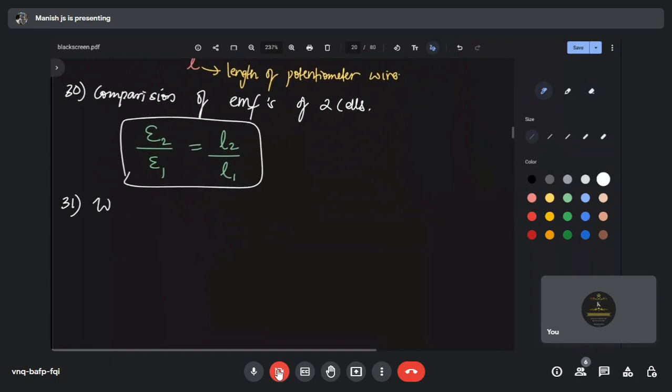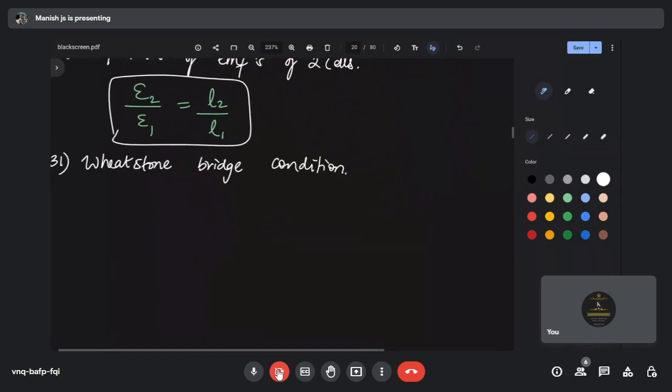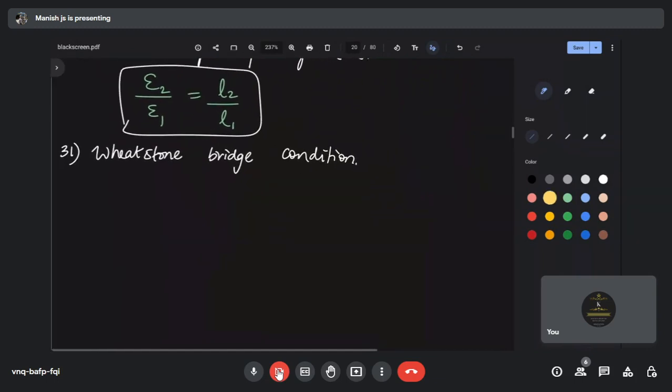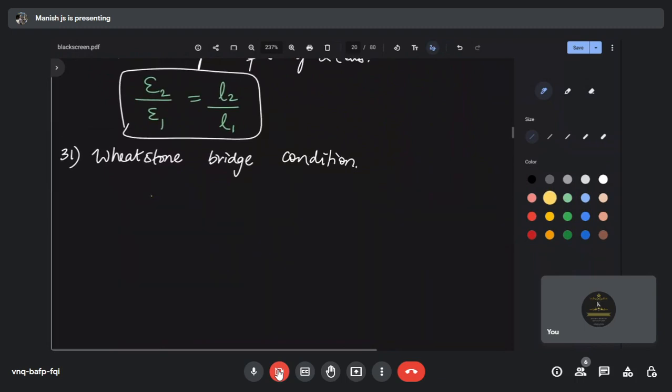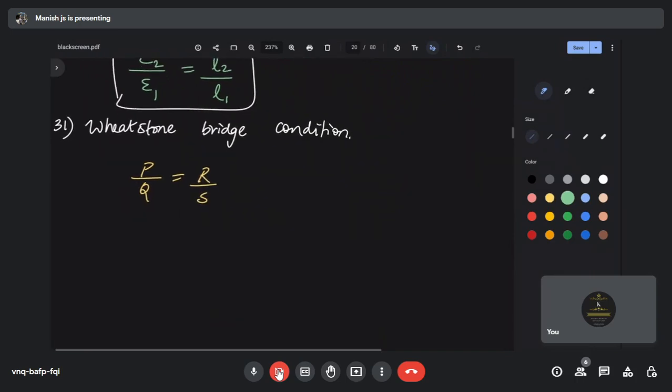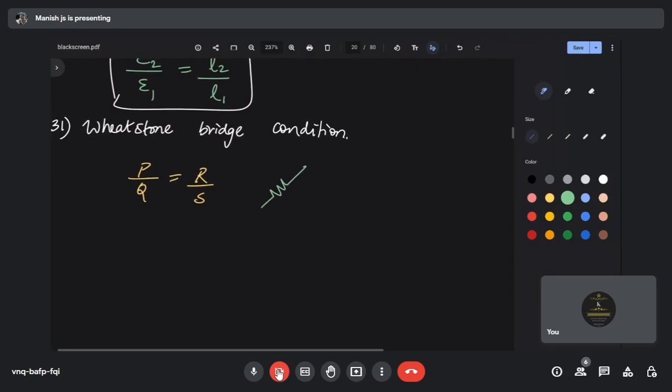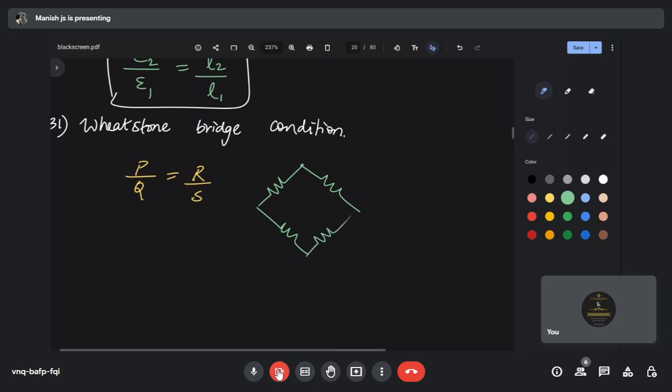Then you have Wheatstone bridge condition, where P by Q is equal to R by S, where P, Q, R, S are four resistors connected in the shape of a Wheatstone bridge, like this. And you have a galvanometer in between.